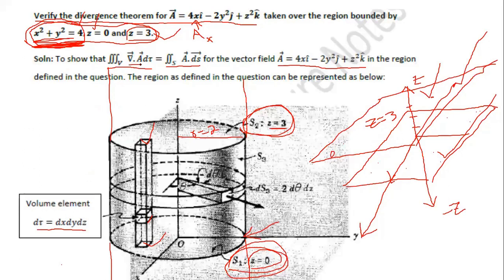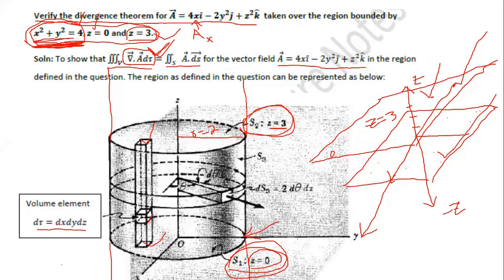Divergence of A into d tau means, as I said before, divergence of A into d tau here, the one I put a tick mark on. It will simply measure the net outflow of the vector field A from this volume element.